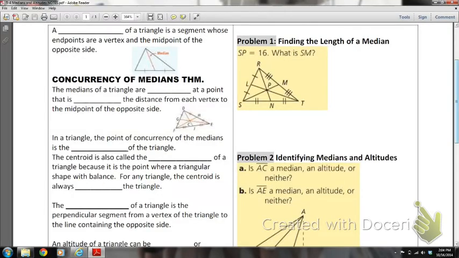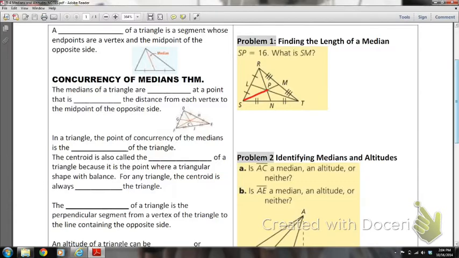In problem 1, we're finding the length of a median. It gives us that SP is 16, and it wants to know the length of SM. So P is the point of concurrency of the medians. It's the centroid.